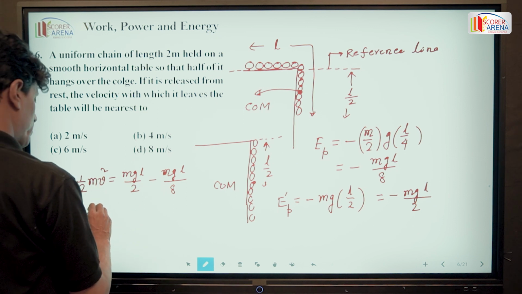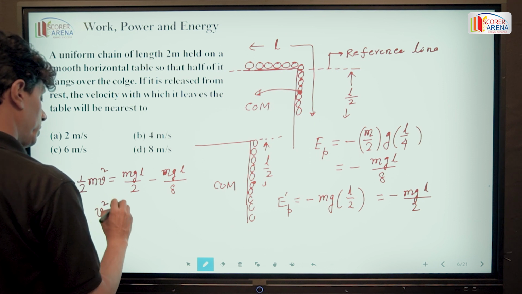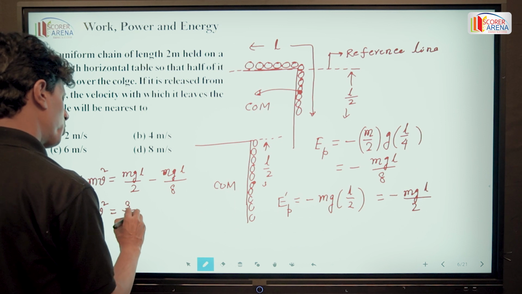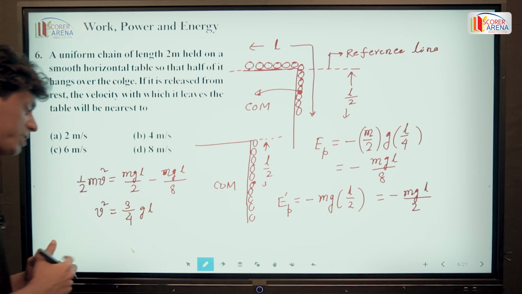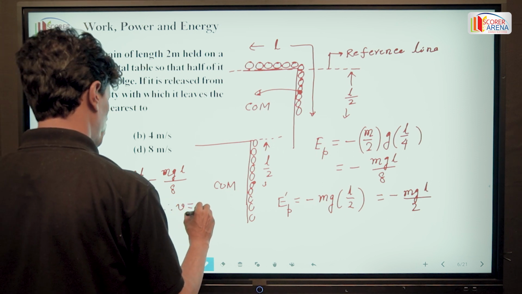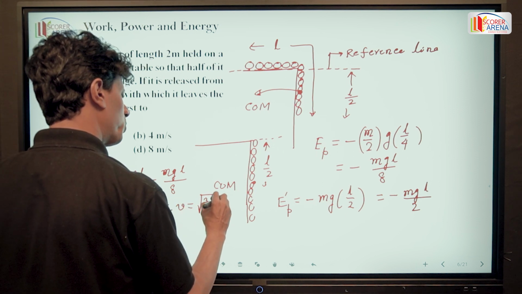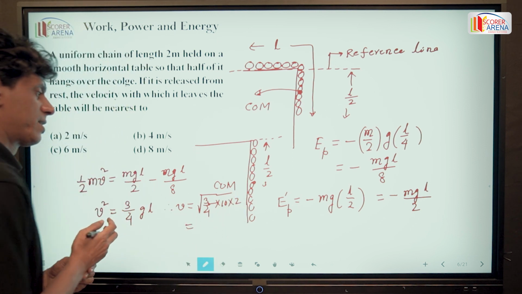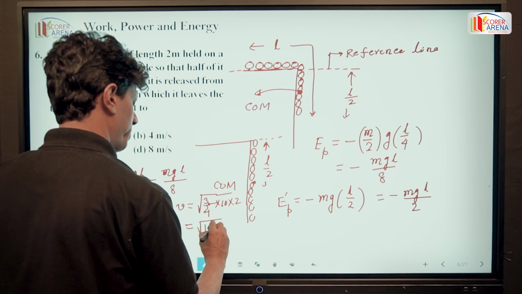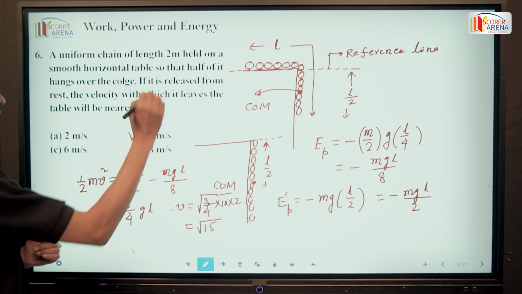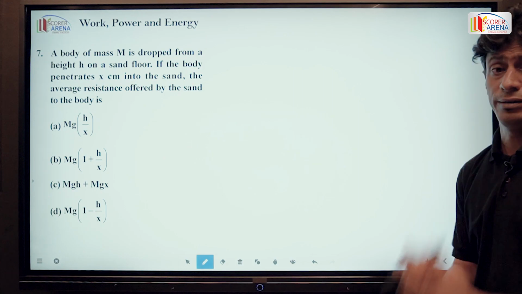So in this way, v square is equal to 3 by 4 gL on calculation, and therefore v is equal to root over of 3 by 4 into 10 into 2 meter, and this is root over of 15 meter. I think the answer should be nearest to 4 meter per second.